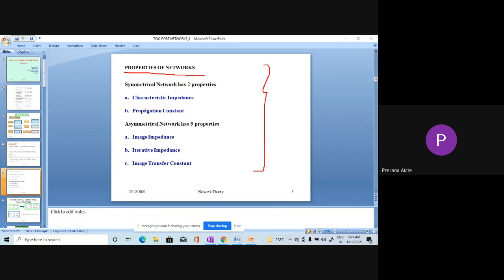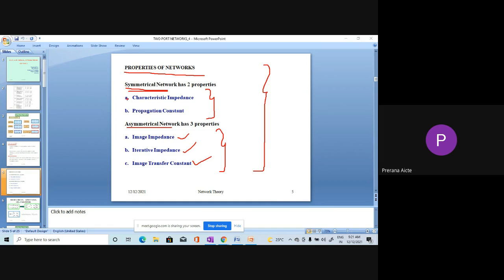Likewise, an asymmetrical network has three properties: image impedance, iterative impedance, and image transfer constant. These are the three properties of an asymmetrical network, and those are the two properties of a symmetrical network.